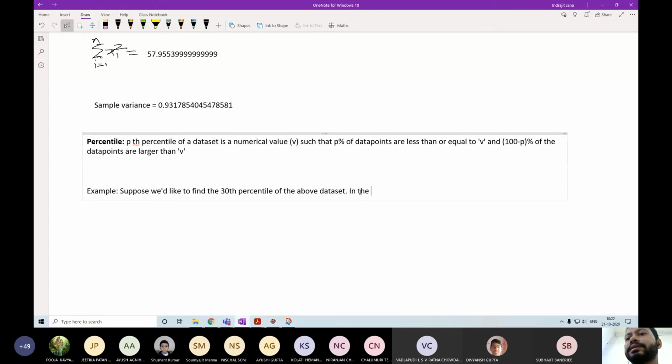So what is the answer? The data set size is equal to 62. So what is 30% of 62?